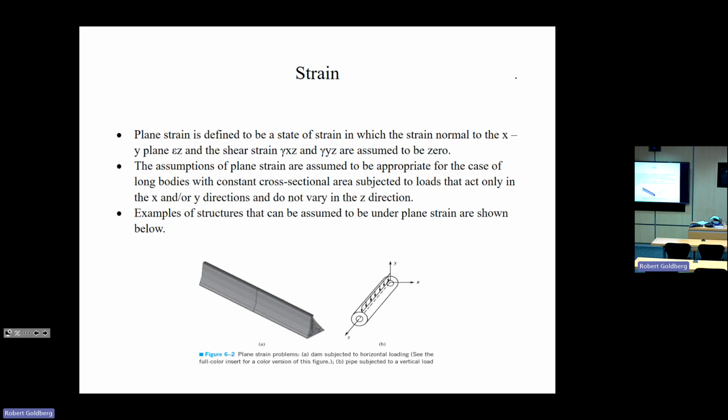The load doesn't vary along the z direction. So you can assume this is a very long pipe, and the deformation is just in the x and y directions. There is no deformation in the z direction, thus there's no strain in the z direction.